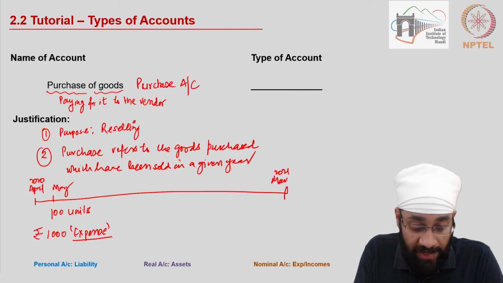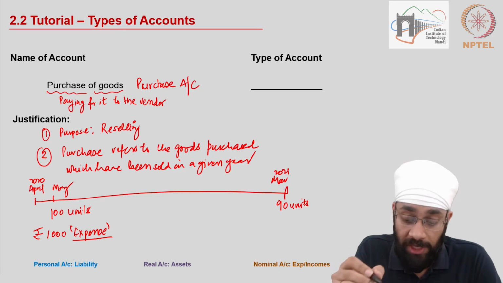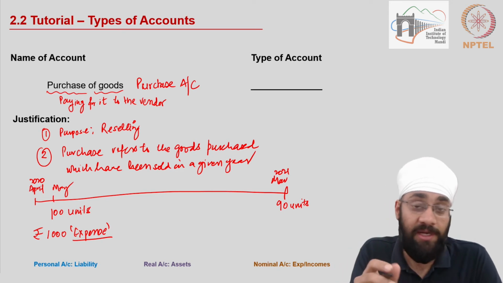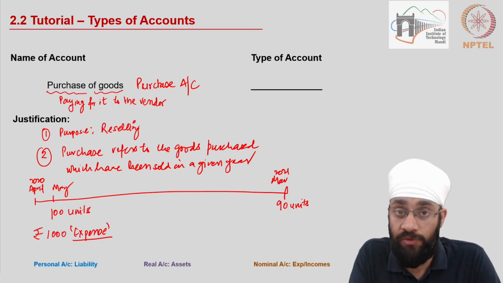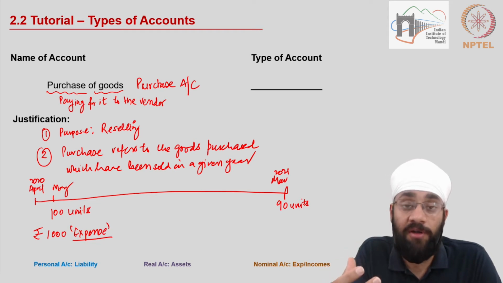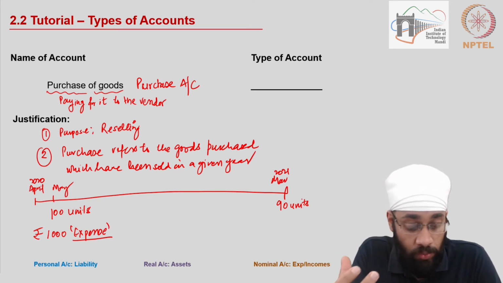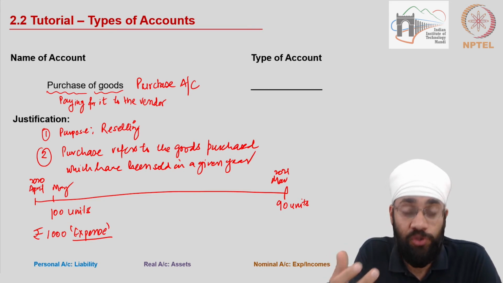It turns out at the end of the year that you were able to sell only 90 units, and 10 units are remaining in the stock. So the expenses for the current year should only be equal to the units which have been sold.